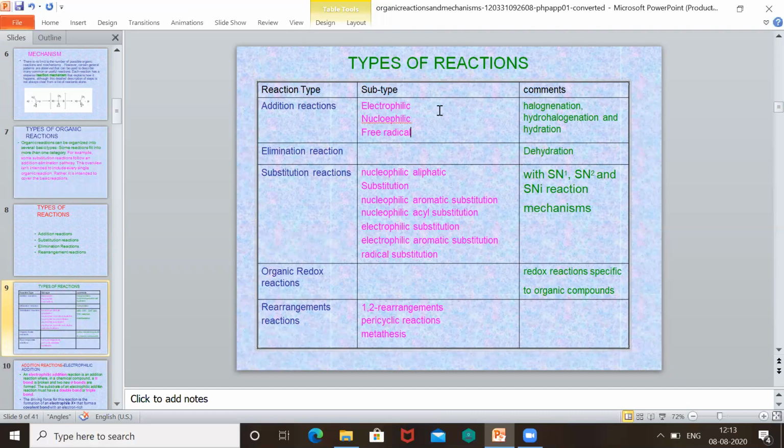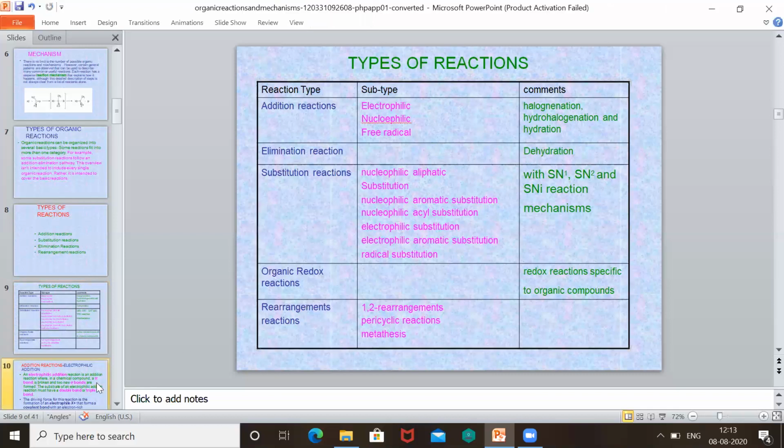If Cl minus is getting added, it is called a nucleophilic addition reaction. Or hydration reaction, water, HOH, a free radical mechanism. Similarly, we can go to substitution reactions. Again, these are of 3 types: electrophilic substitution, nucleophilic substitution, and free radical substitution.